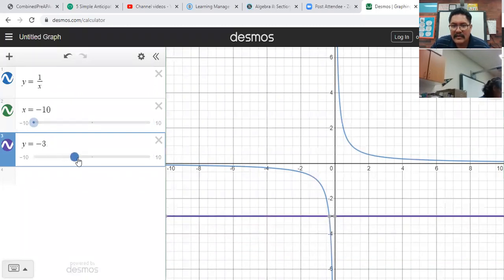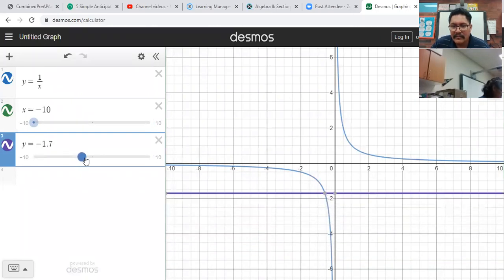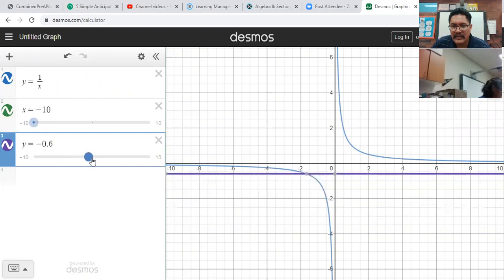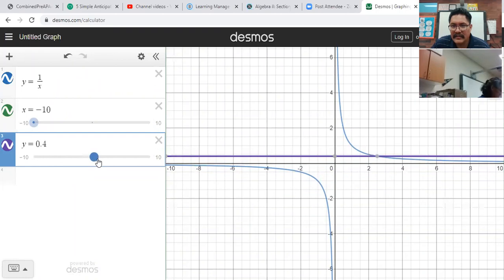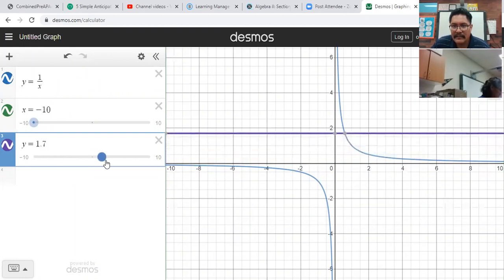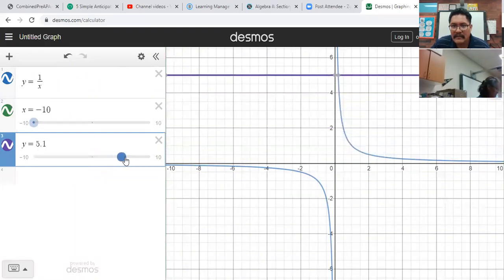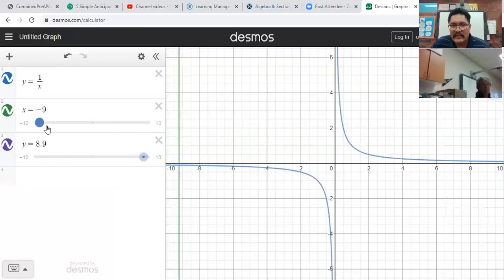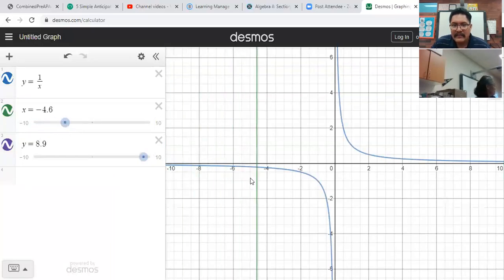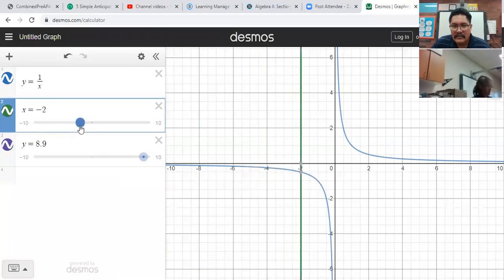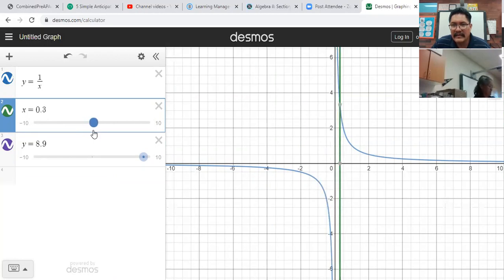And as I move it up, look at the blue line and it just sort of teleports right there. It appears on the other side and goes up again. Same thing happens with this one here. If I look at the intersection here, it goes down, down, and then it appears up there and starts going down again.